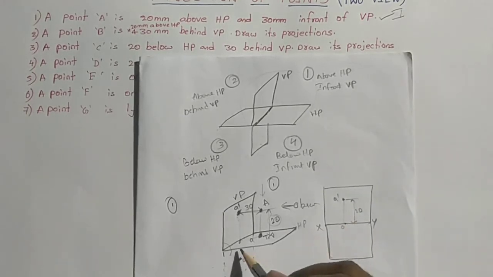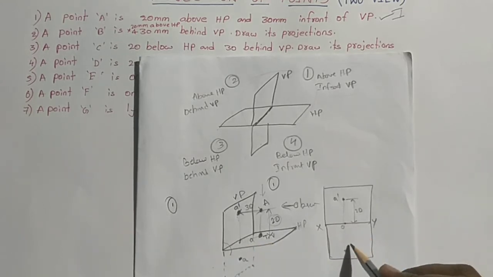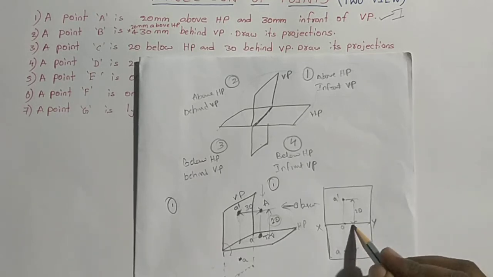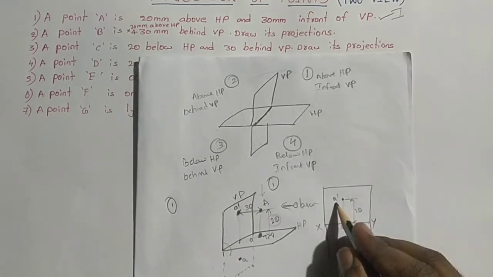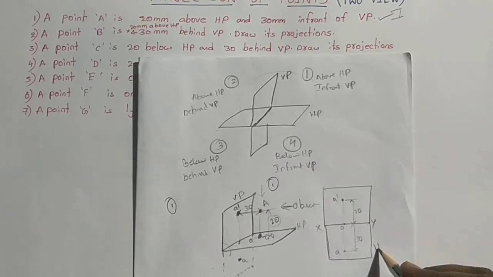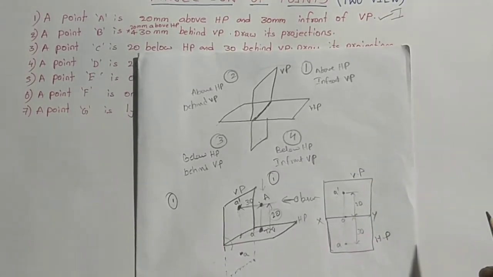From this point to this point its distance is 30. It is the top view, so it is taken like this. From this point to this point the distance is 30. It is A dash and A. It is the horizontal plane and it is the vertical plane. For this you can draw in the general way.